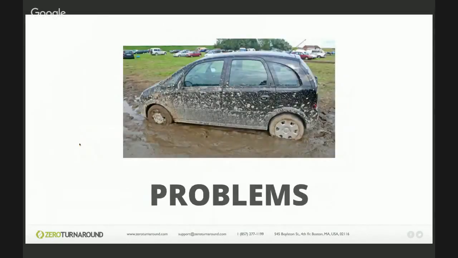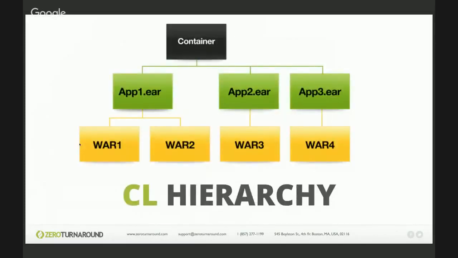Okay, so yes. Sorry, Simon. Quick question then. Is there a way to see what the strategy is for the class loader hierarchy if you've got a container that you've never seen before? Yeah, that's a great question. The best way of doing this is to use our good friend Google, because very often containers will use convention over configuration, so you won't necessarily see the default that the container is using.